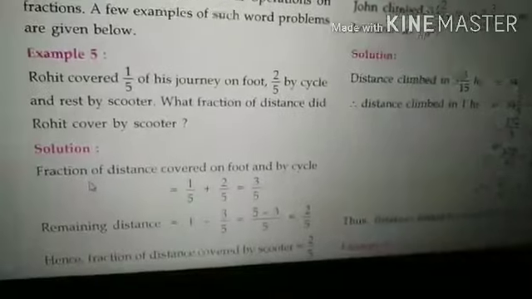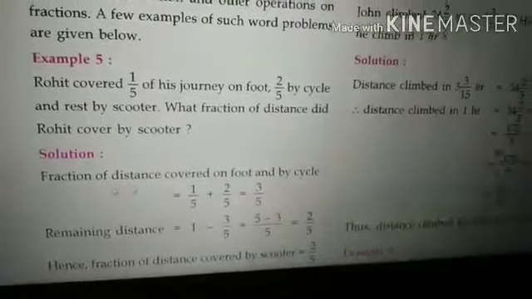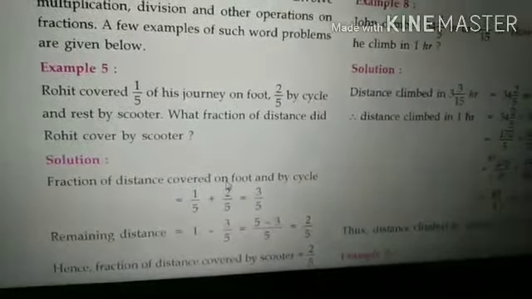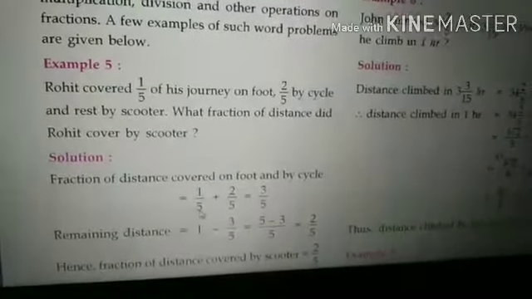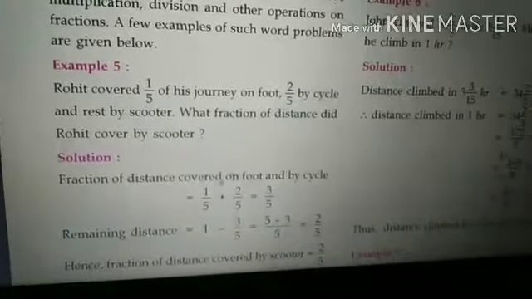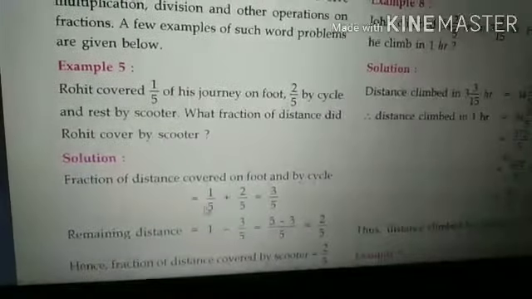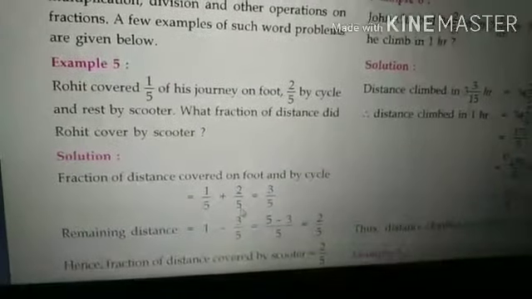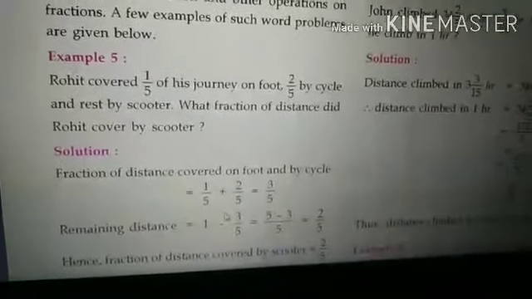Solution: fraction of distance covered on foot and cycle. Given 1/5 distance covered by foot and 2/5 covered by cycle. So we will add these two fractions covered by foot and cycle by Rohit.